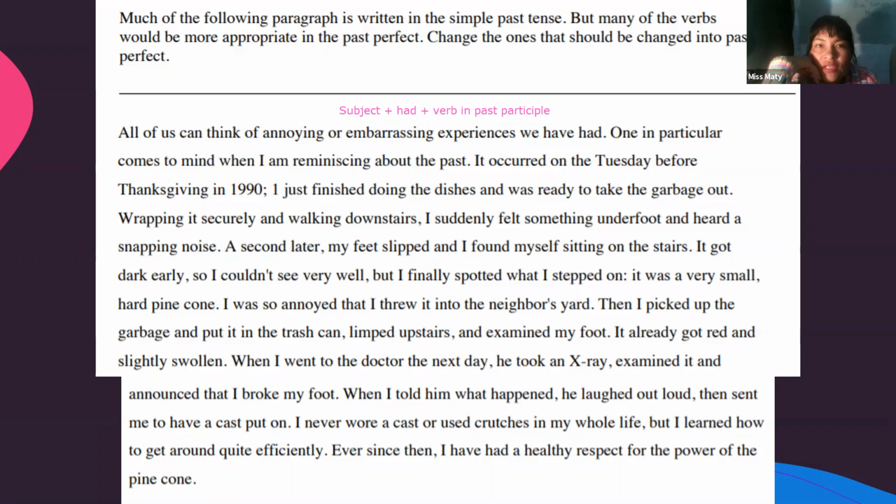I just finished doing the dishes. I think in this part of the text it is correct to use the past perfect. Exactly. Very good. How would it be? I had just finished doing the dishes.